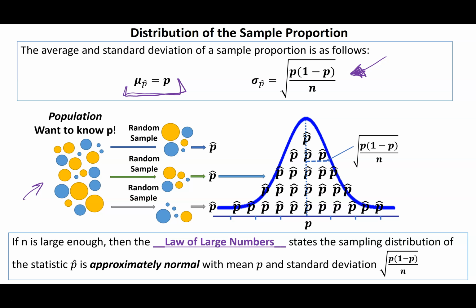If it's approximately normal, this means that we can go ahead and calculate a z statistic and use the z table to find p-values. So not only is it normal, it's normal with mean or center p and a standard deviation of this value here, the square root of p times 1 minus p over n.